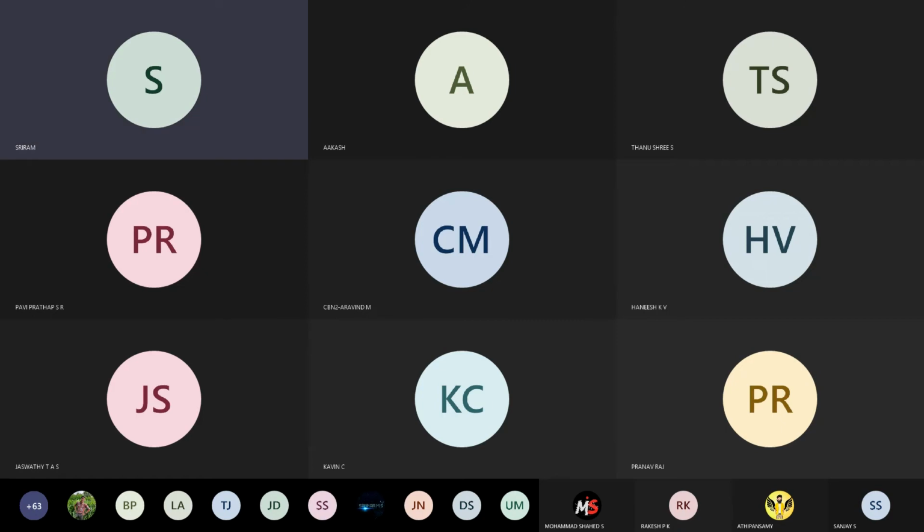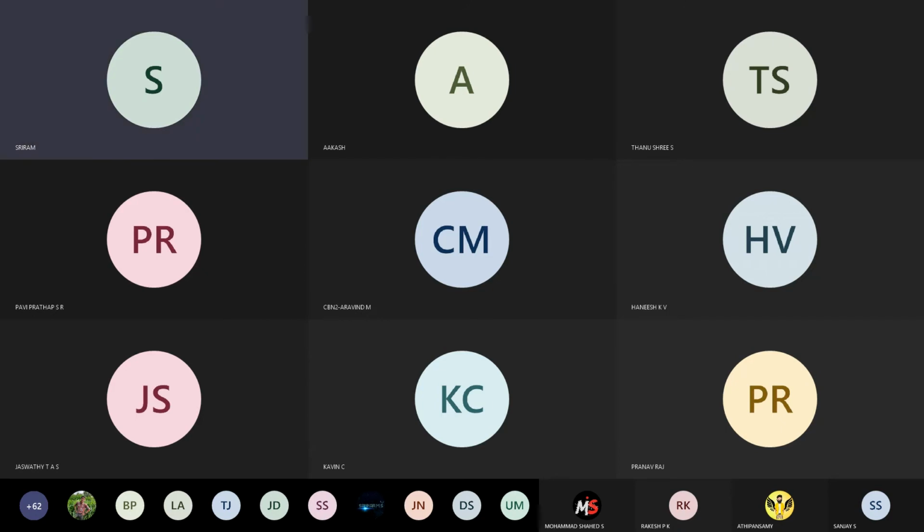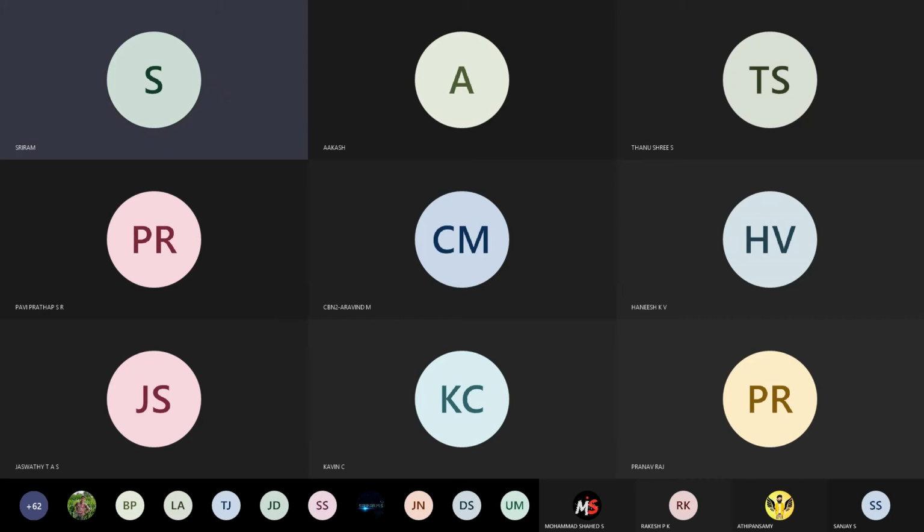Convert to radians, so pi by 180 into 65. 13 5s are 65, 36 5s are 180. So theta 1 is equal to 13 pi by 36.